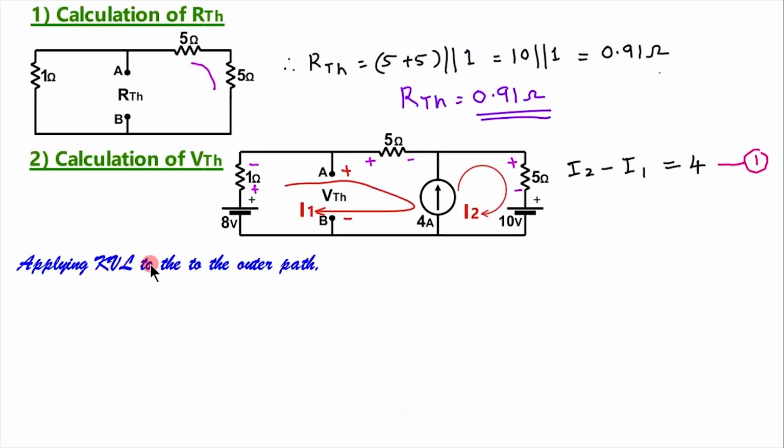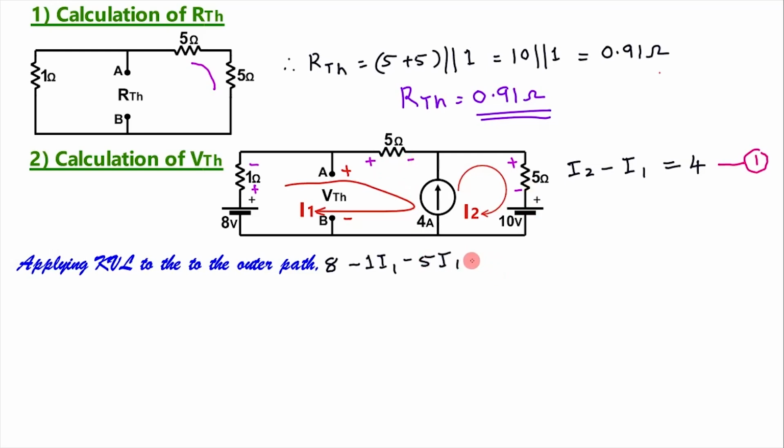Now, when we are applying KVL to the outer path, here as current flow is in this way, it is rise in potential, plus 8 volt. Then here in 1 ohm, IR drop is there, voltage drop of I into R, 1 into I1, that is from positive to negative. So it is minus 1 into I1. Here also positive to negative, voltage drop, minus 5 into I1.